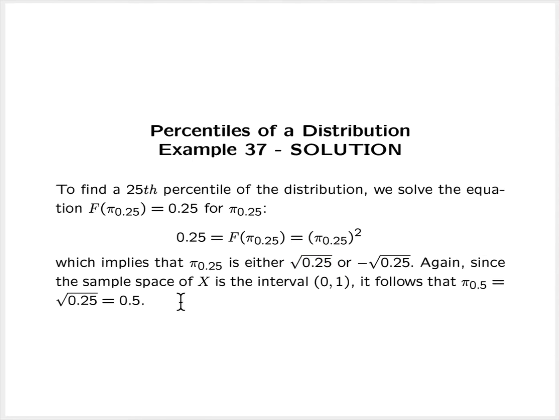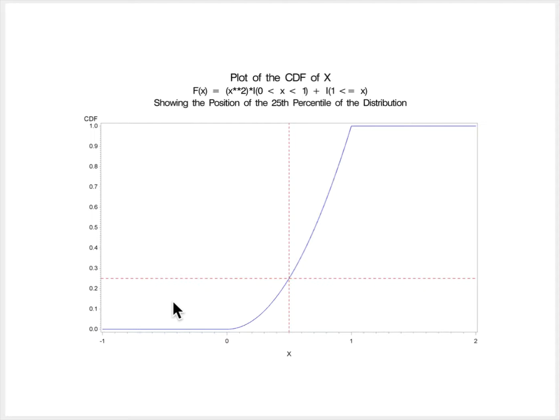All right, and so here I have a similar graph. I've graphed the CDF of the distribution of x, and then I've graphed a horizontal line at the desired level of percentile we're looking for, 0.25, and then the point at which that horizontal line intersects the CDF, if we drop a vertical down, corresponds to the 25th percentile of the distribution.